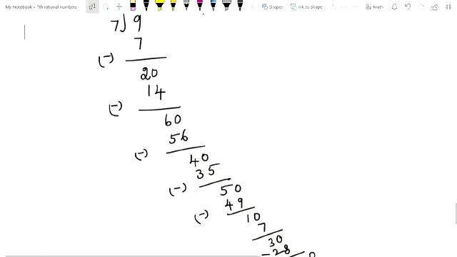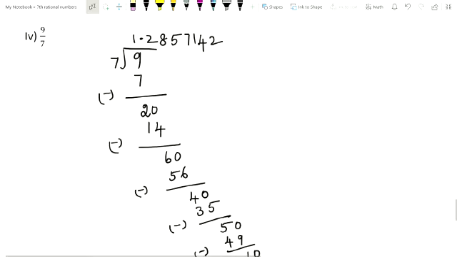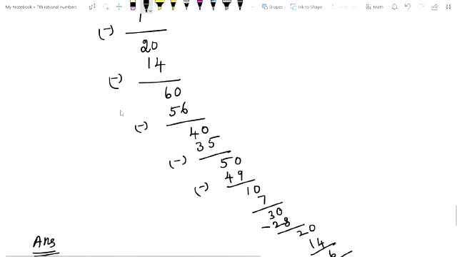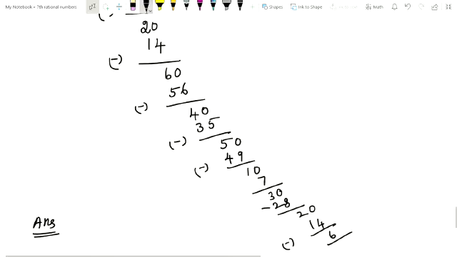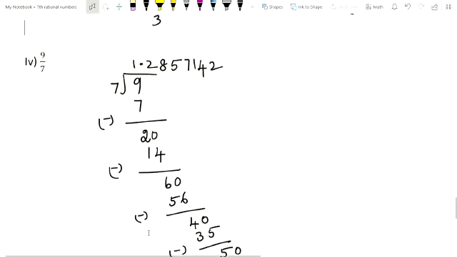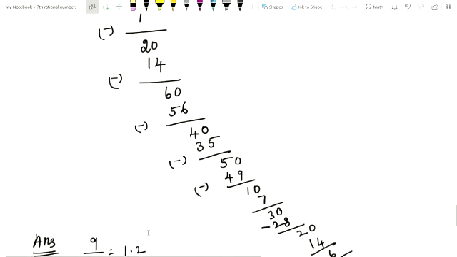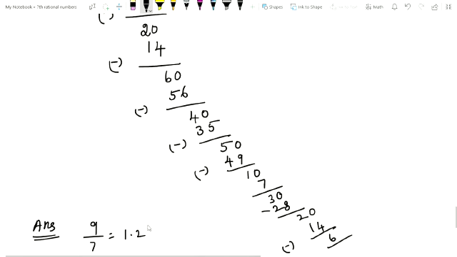This is the question: 9 by 7. I'll divide this. What are you getting? 9 by 7 equal to 1.285714 bar, because the same number is going to repeat.